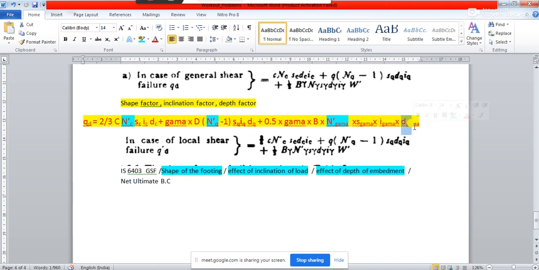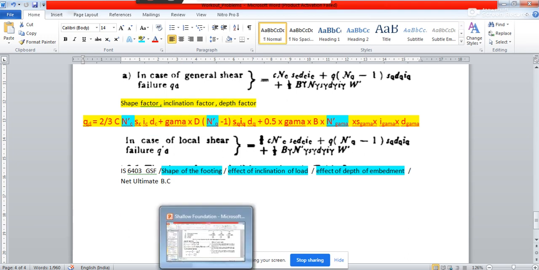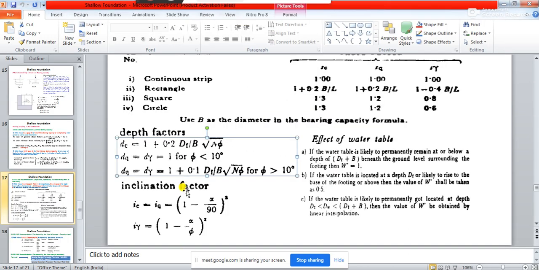What we have said, this value of DC will be 1 plus 0.1 df by b root over N phi, and the DC, DQ, D gamma values will be equal to 1 in case phi is less than 10 degree. However, if phi is greater than 10 degree, in that case the value will be 1 plus 0.1 df by b root over N phi.